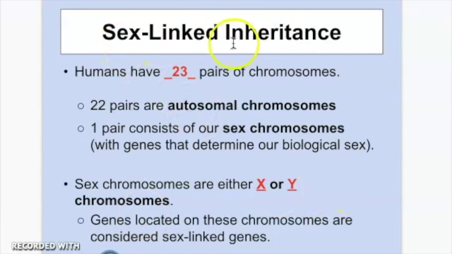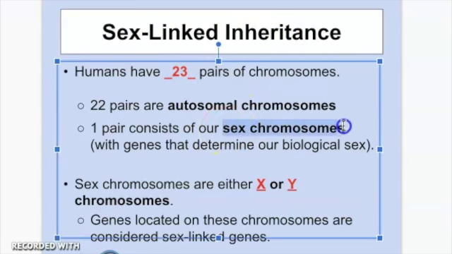So with sex-linked inheritance, we're talking about sex chromosomes. Okay, as a reminder, humans have 23 pairs of chromosomes, 46 in total, but 23 pairs. 22 of those pairs are what we call autosomal chromosomes. And if you were to look up the definition of this, you'll find that autosomal chromosomes are those numbered chromosomes other than sex chromosomes.